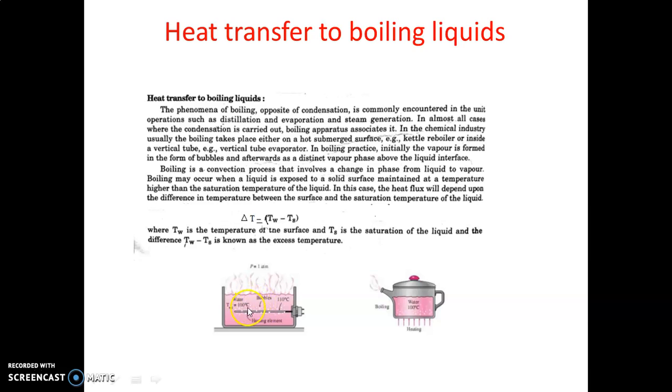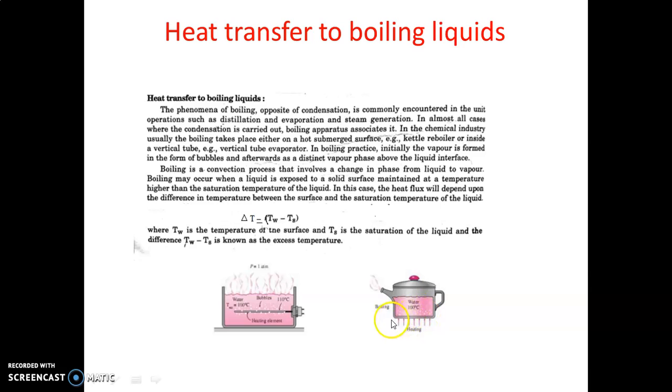If boiling takes place in this equipment, that is called pool boiling. Here this is the heating element, maybe a coil, and the pool is maintained around this coil. The boiling is taking place here, so it is called pool boiling.